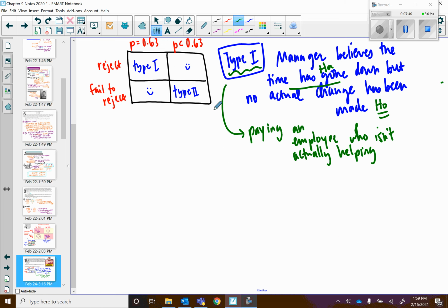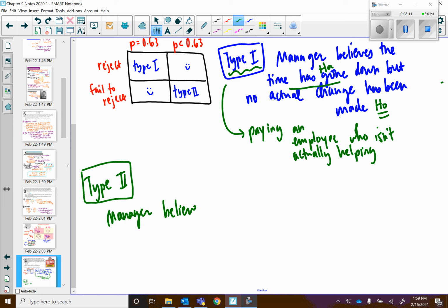So what then would a type 2 error look like? For a type 2 error, we fail to reject the null when the null is false. So in this case, the manager believes the proportion has stayed the same. Why does he believe that?